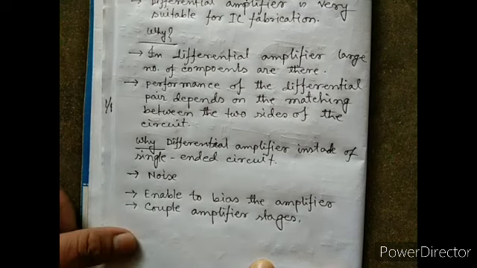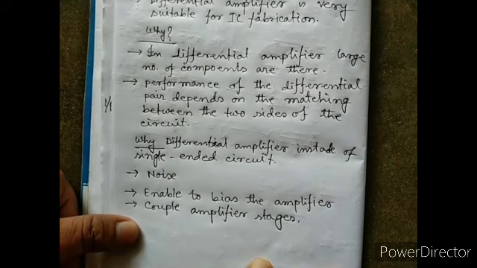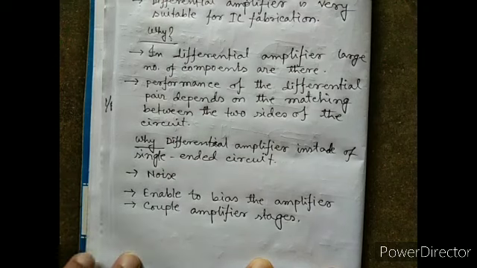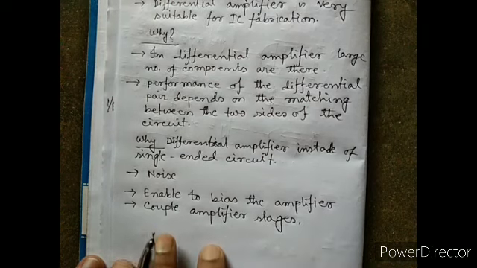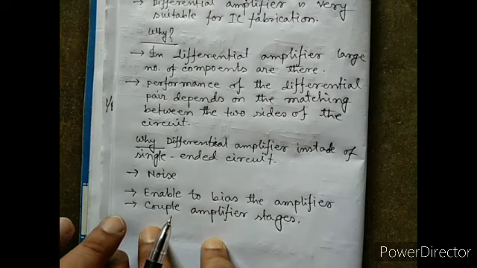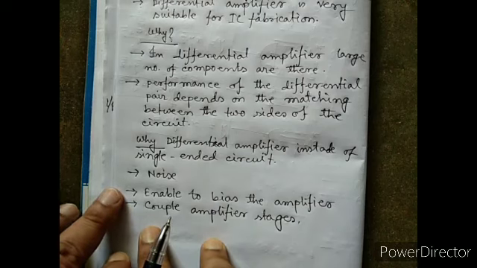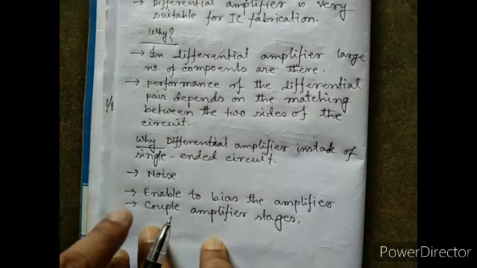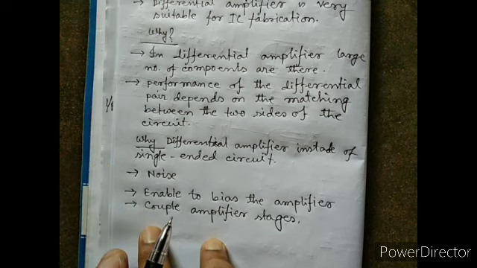As the wires are physically very close to each other, if there is any interference at the two terminals due to capacitive or inductive effect, then the same interference will occur at both terminals of the differential amplifier.